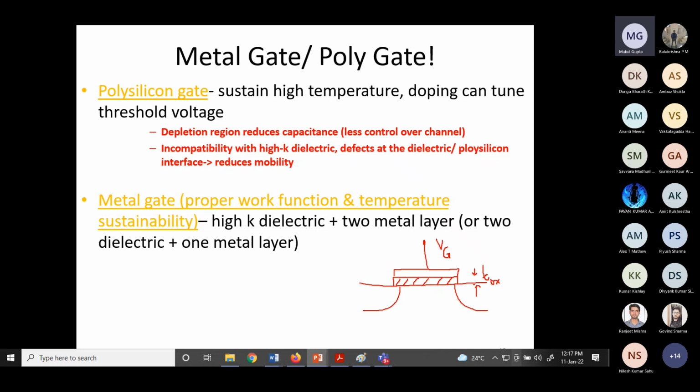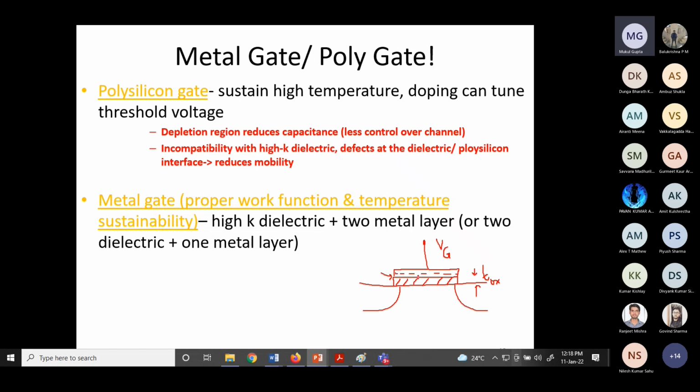Now, if gate oxide thickness is lower, and you look at polysilicon carefully, it is a semiconductor, and you are applying voltage here. So in this junction there will be a depletion region on the polysilicon side, because this is a semiconductor and you are applying bias.